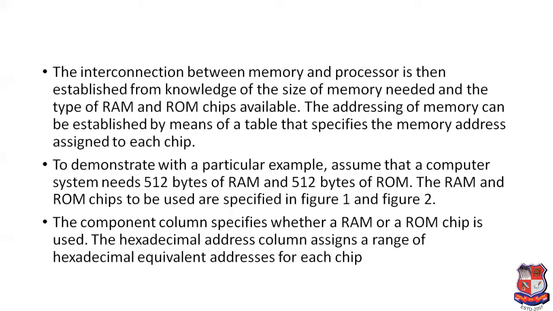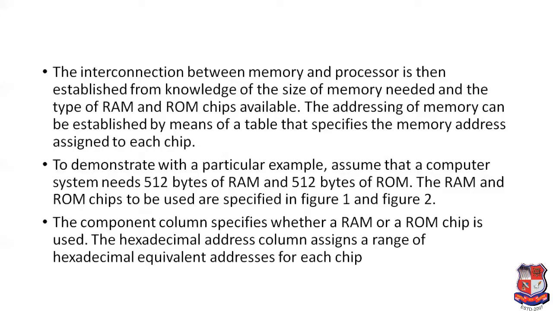Now, the interconnection between the memory and the processor is established from knowledge of the size of memory needed and the type of RAM and ROM chips available. The addressing of memory can be established by means of a table that specifies the memory address assigned to each chip.